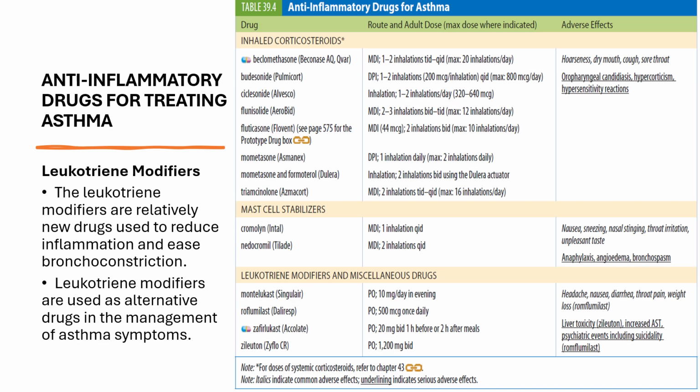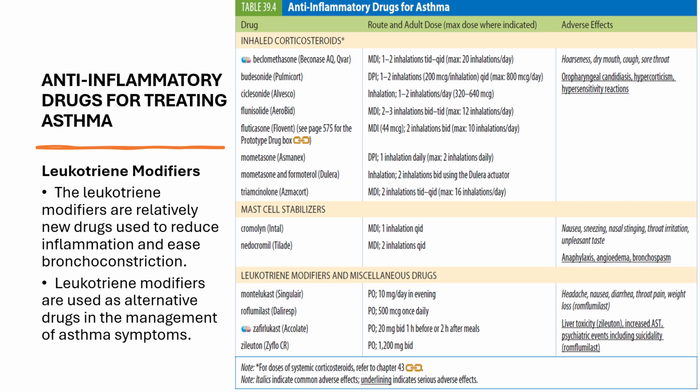The current role of leukotriene modifiers in the management of asthma is for persistent asthma that cannot be controlled with inhaled corticosteroids or short-acting beta agonists. Few serious adverse effects are associated with the leukotriene modifiers. Headache, cough, nasal congestion, or gastrointestinal upset may occur.